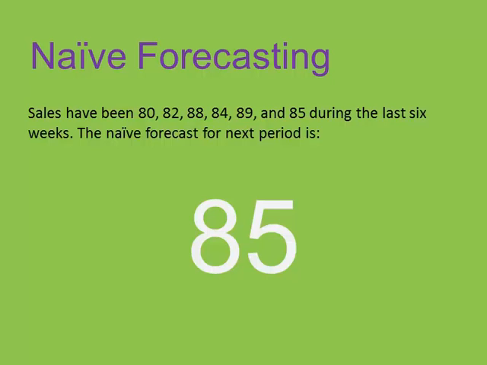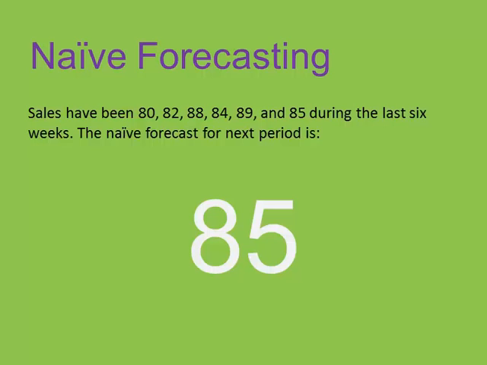Imagine if that last period was a great period for reasons outside of your control, and your numbers were fantastic, and all of a sudden you forecast another fantastic period, and you don't make your numbers. So be very careful when using this method, if you use it at all.